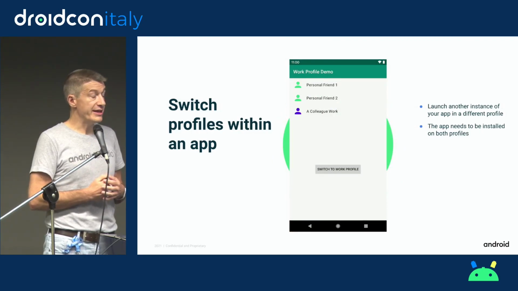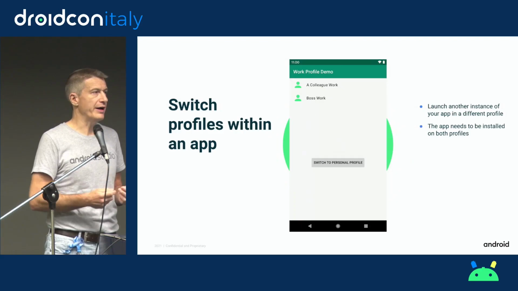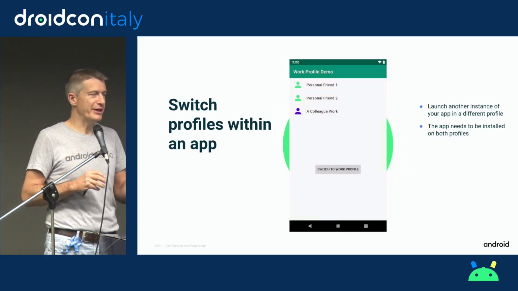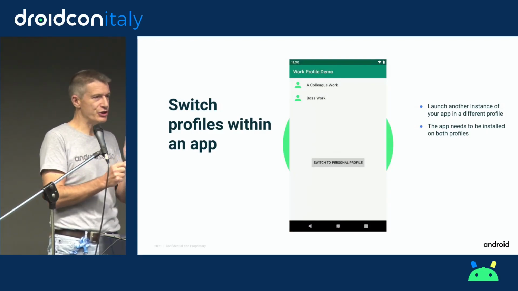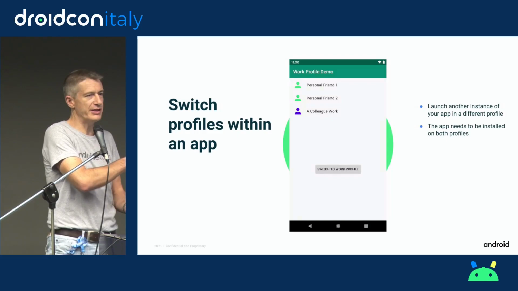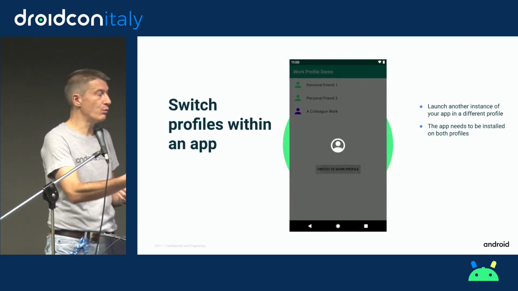One idea is that you can share some data between the personal profile and the work profile. Maybe you don't want to have two different instances of the application, or to have to go to a different launcher, launch the work instance of the application, then launch the personal instance. Maybe you want to switch between personal and work profile.